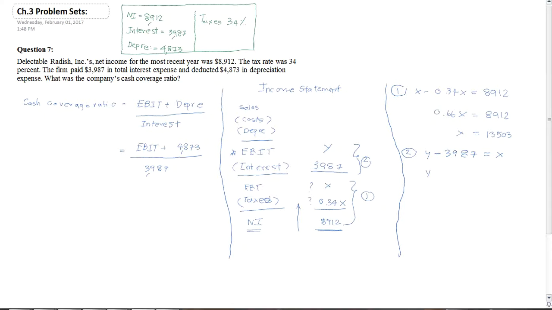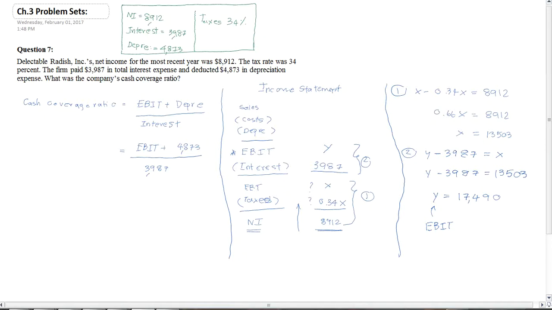Because we already solved for x, which is 13503, we can solve for y. So y will be equal to 17490. Once you get y, that is basically EBIT.